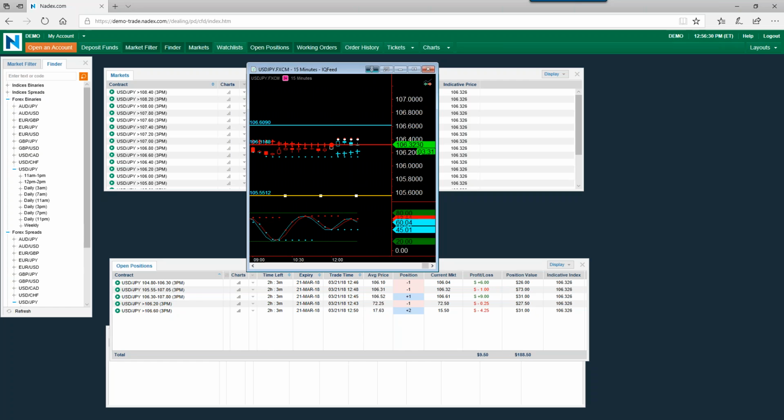Okay. Now we did a binary at 106.60. Now that binary basically had right at about $15 of risk. Actually 17. We'll put 17 on here.